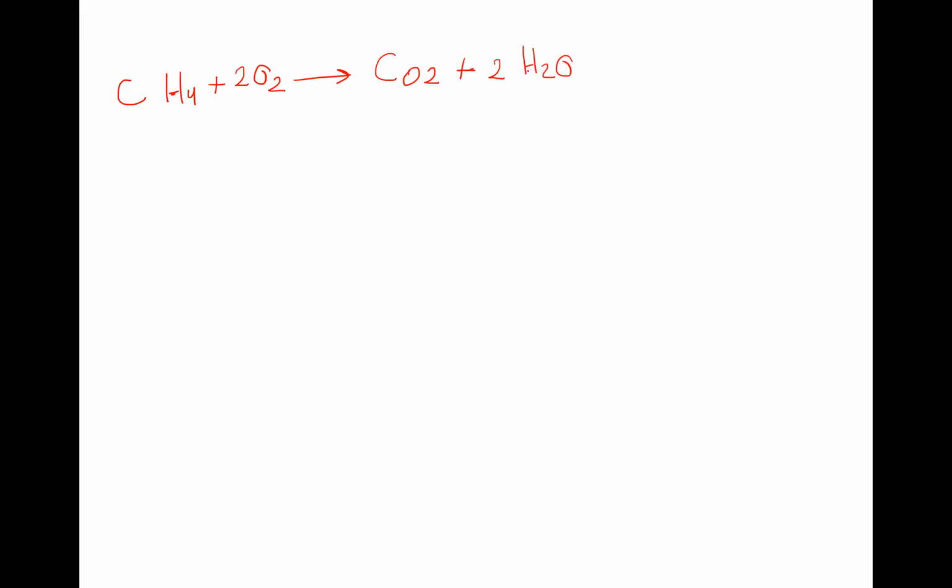This is just from the previous slide. So what does it mean? This means that 1 mole of methane needs 2 moles of oxygen, which in this case is also the COD, right?